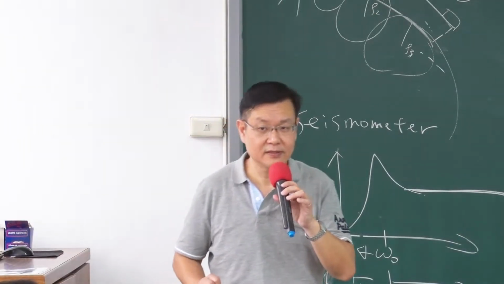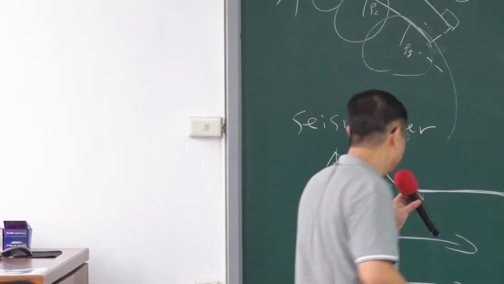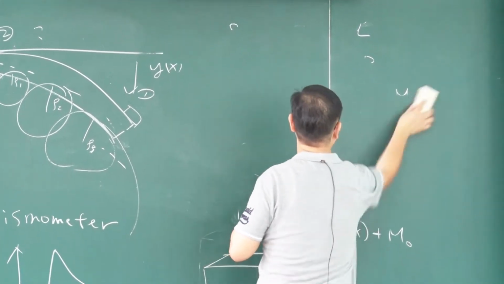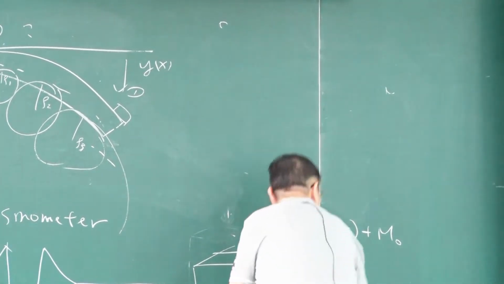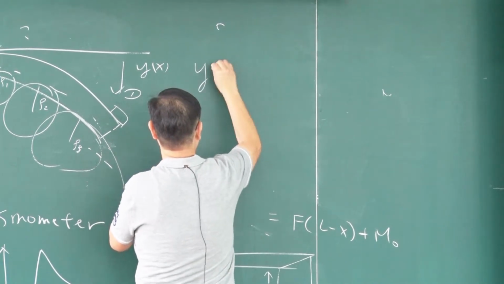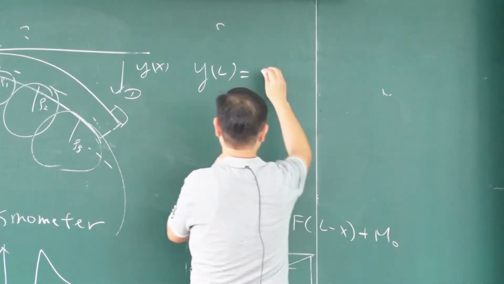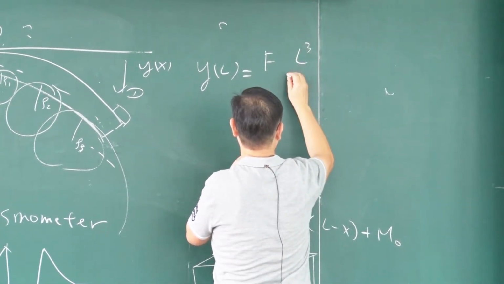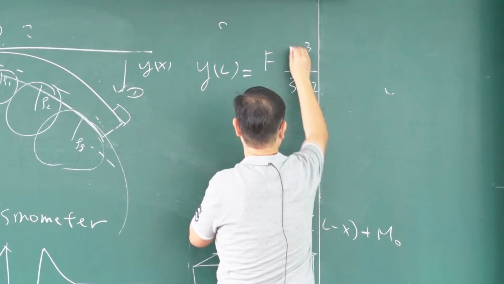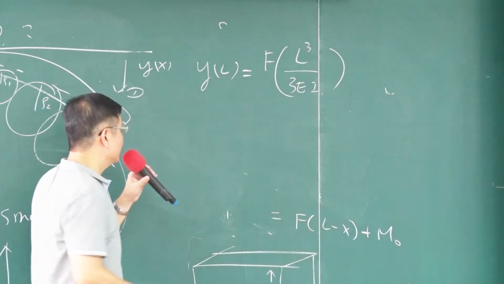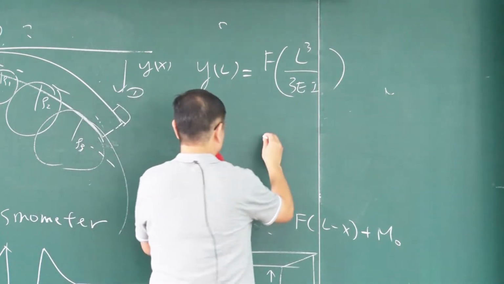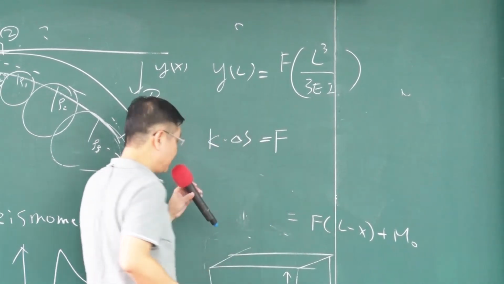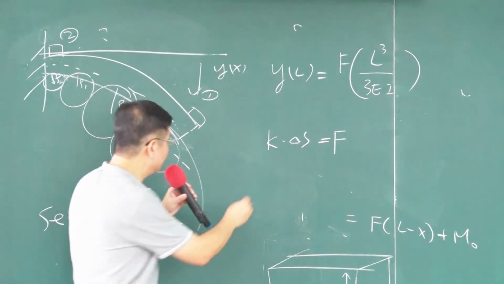Do you understand? Okay, let me write it down. This is the deflection at the tip. If we consider this like a spring, the force equals the spring constant times the displacement, delta s.